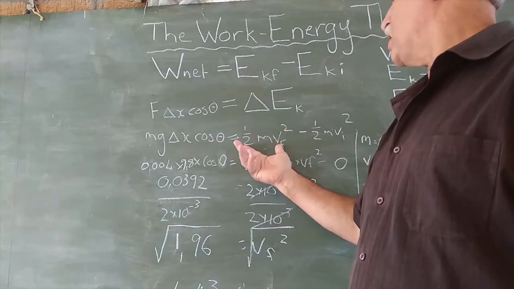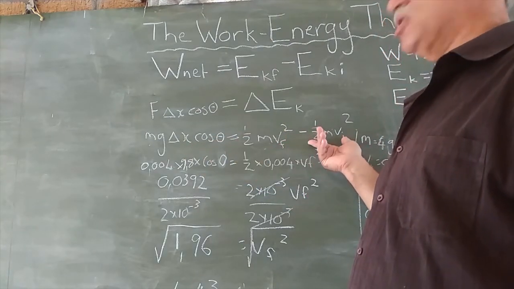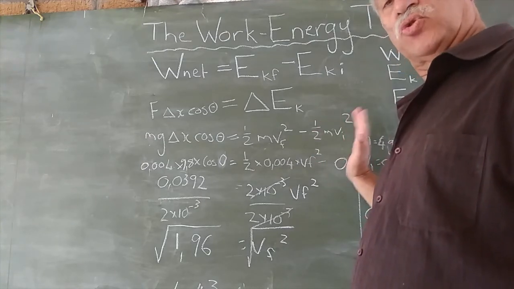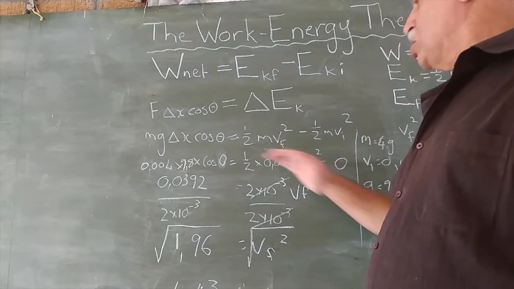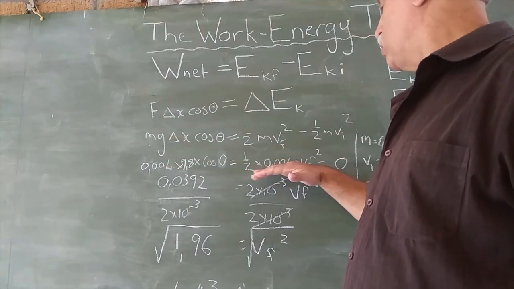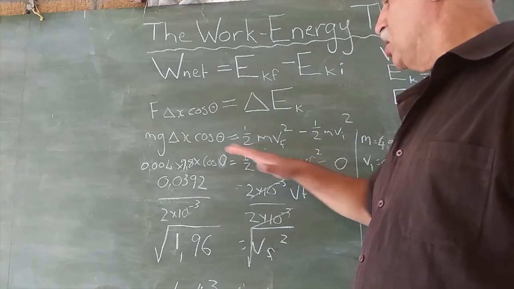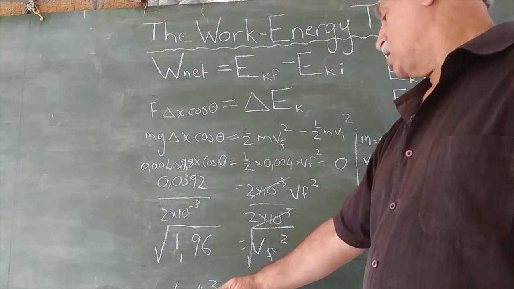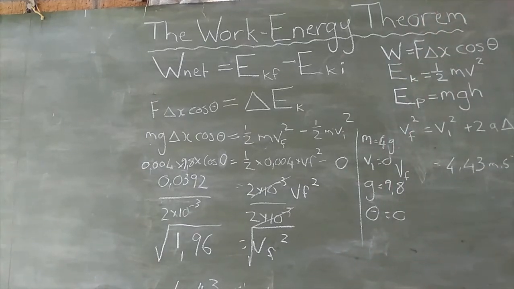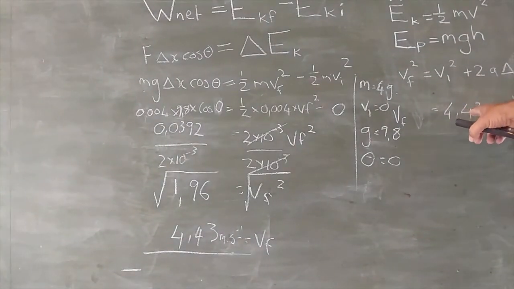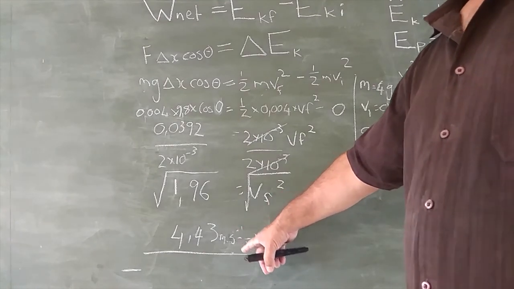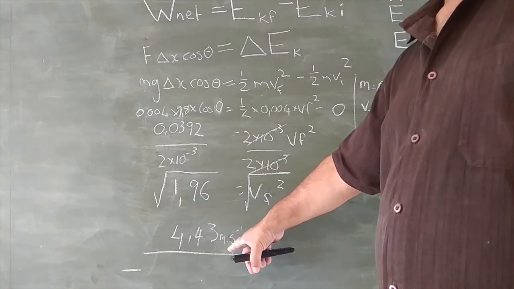It equals the final minus the initial. The initial kinetic energy, it wasn't moving, is half m v squared where v is naught, so it is naught. There's the work that was done, and there's the final, where we're trying to find the final velocity. We do our calculation, and there we come to our answer, which is exactly the same answer as if we had worked it out using equations of motion, just to show you that the work-energy theorem does actually work.